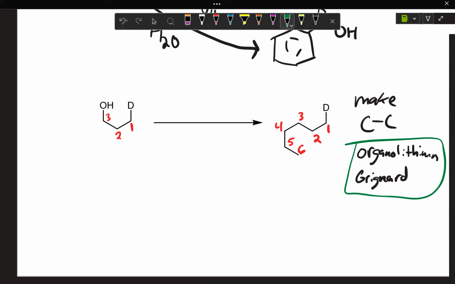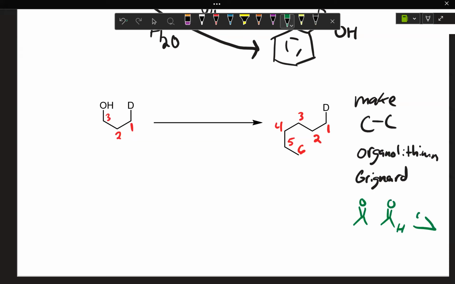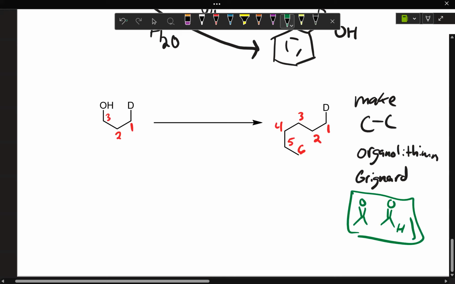And what do these react with? Well, they react with ketones, aldehydes, and epoxides. I'm going to throw away epoxides because this test is based on aldehydes, ketones. So we're going to look to try to form an aldehyde or a ketone with our starting material.